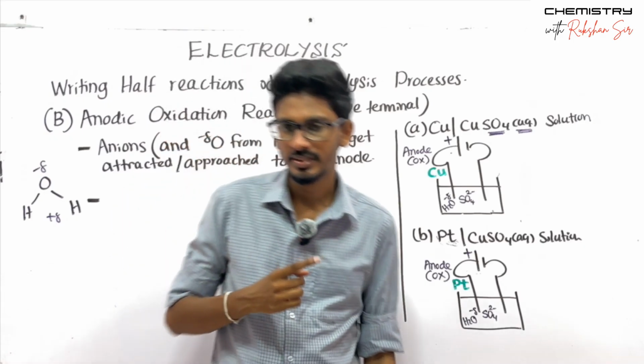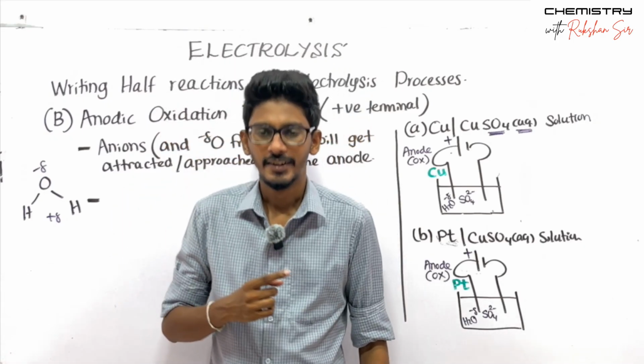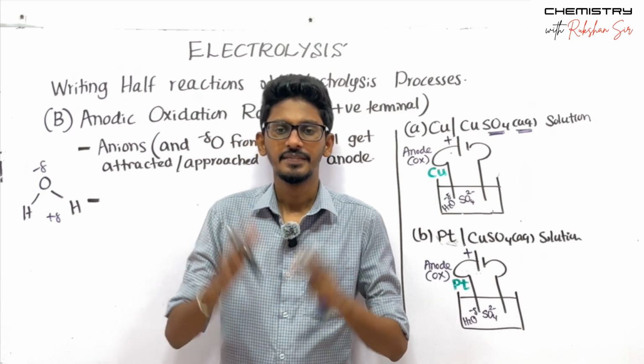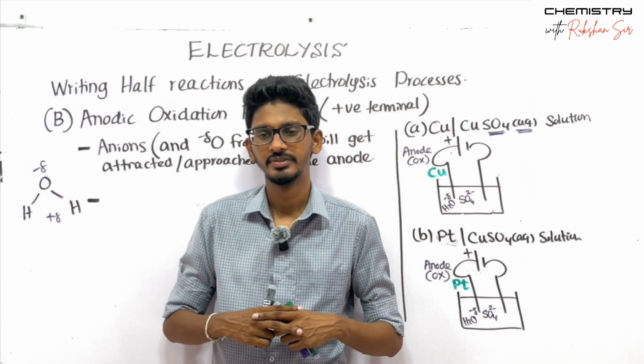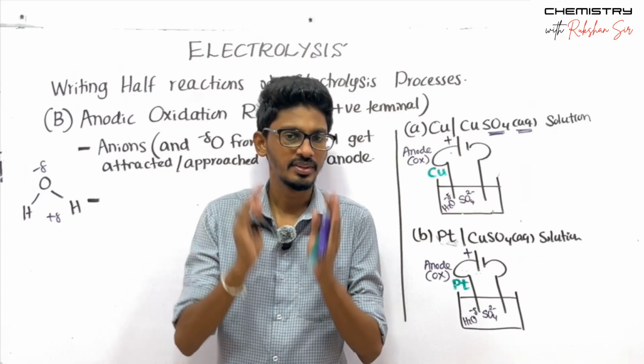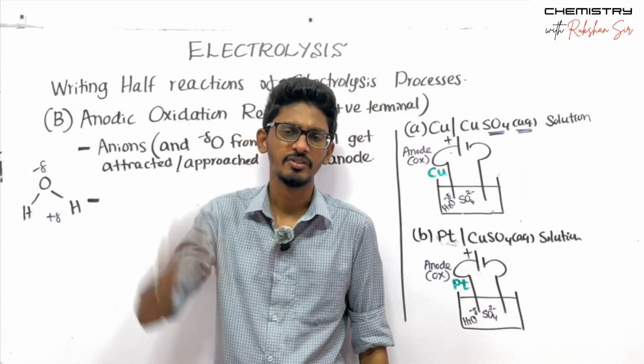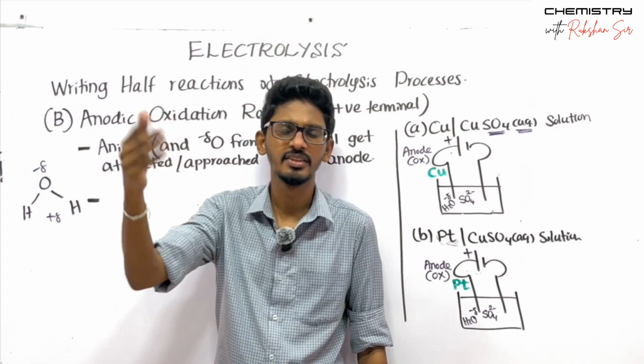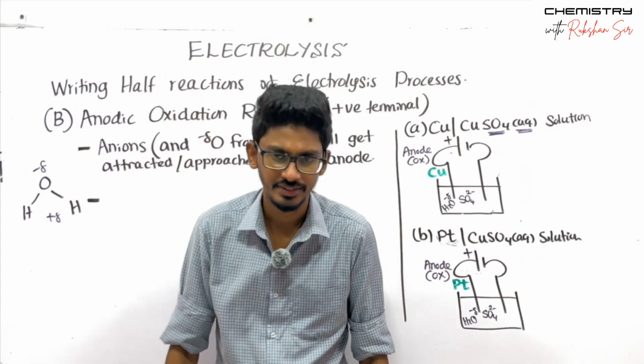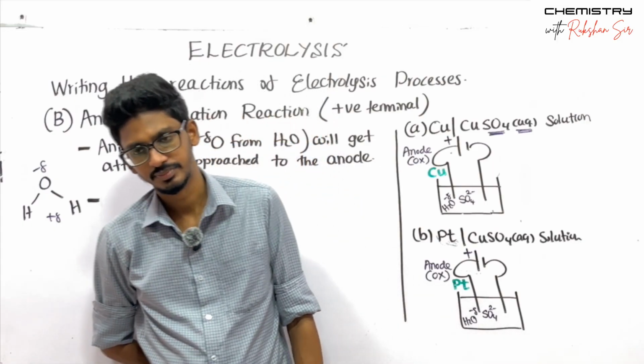Anodic reaction is a bit more complex than the cathodic process. Cathodic thing is very easy. What we need to just look at is the position of the activities when it comes to cathodic reaction.